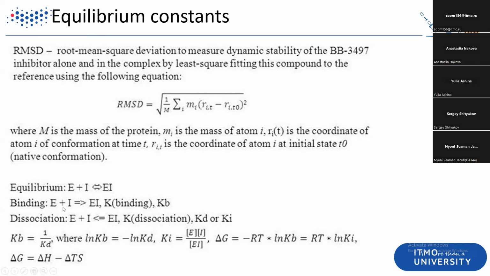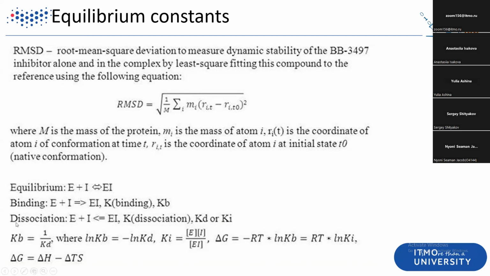In this system, you get the binding, which is described by the kinetic constant, the binding constant, or you have a dissociation if you have the Ki, the dissociation constant.